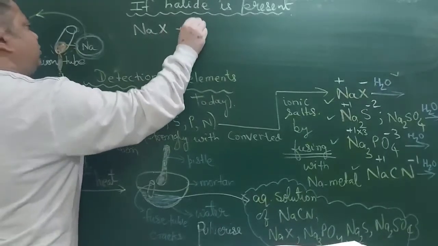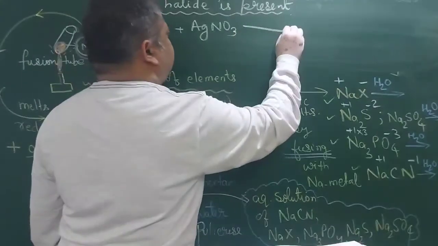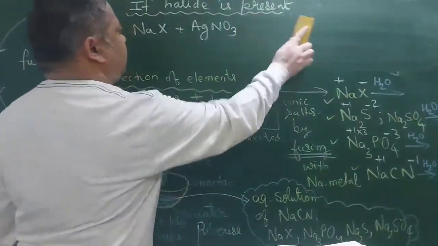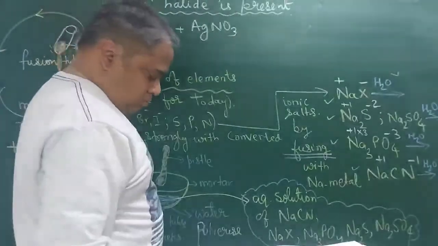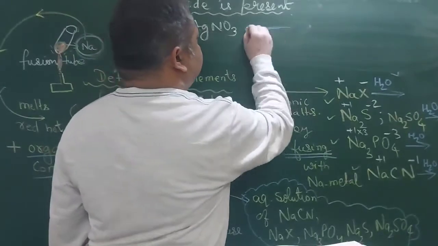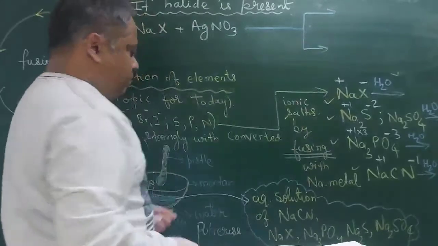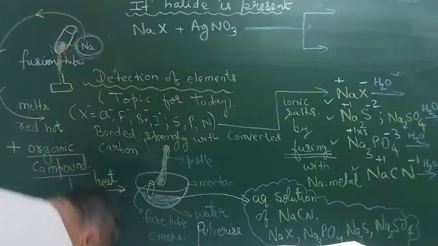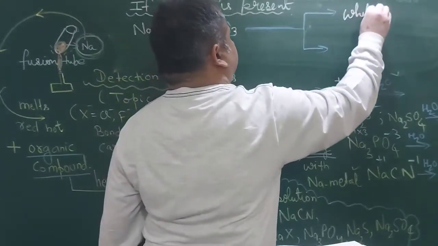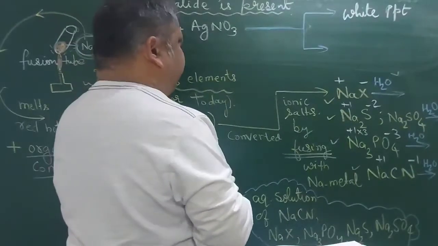NaX with AgNO3 will give either white PPT or yellow PPT.